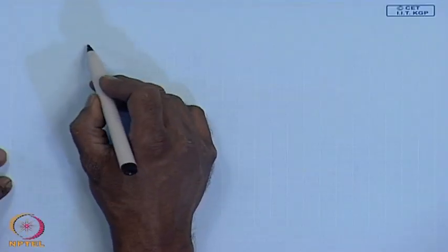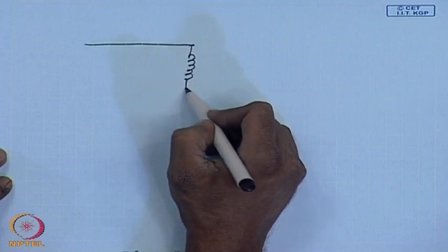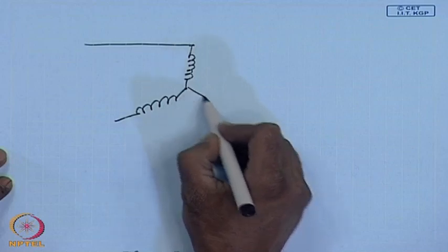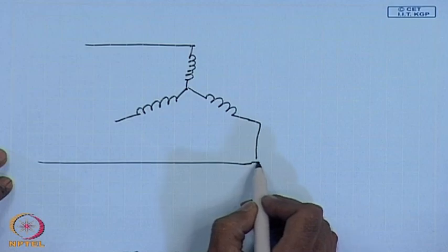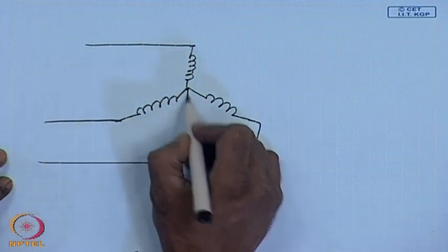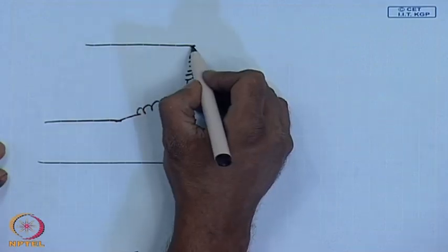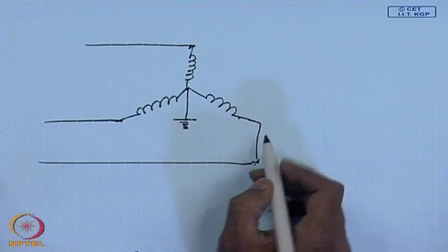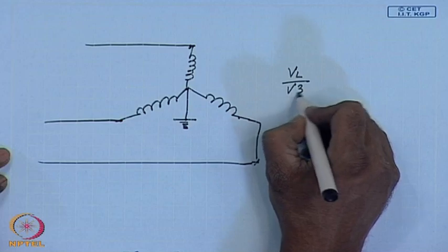You can see that if you have a star connected set of winding with its neutral earthed, then the maximum voltage that the windings will have with respect to ground will be V line by root 3.